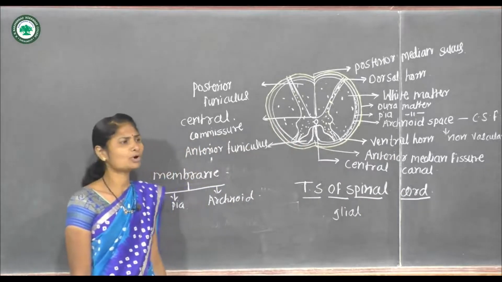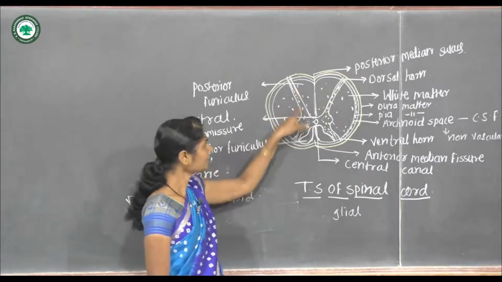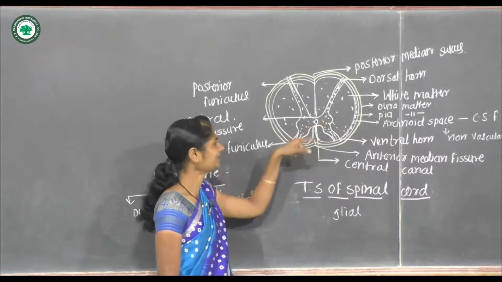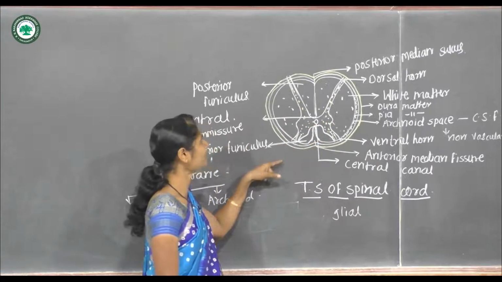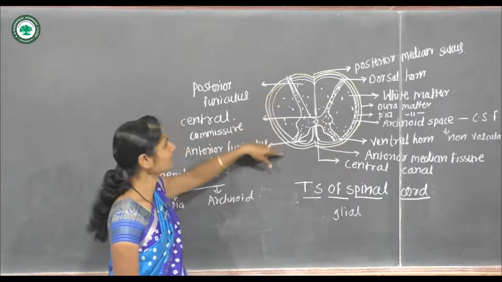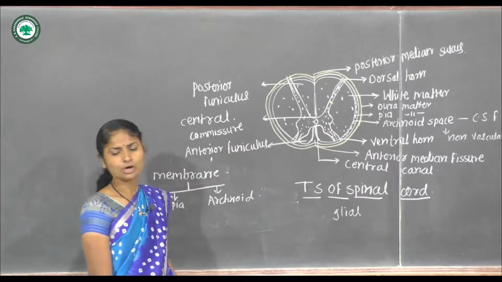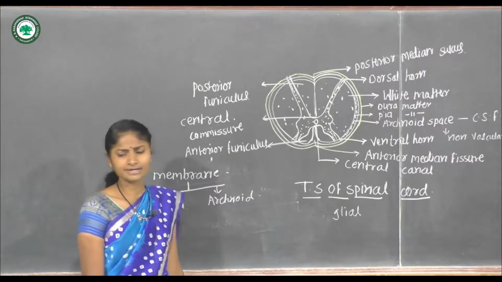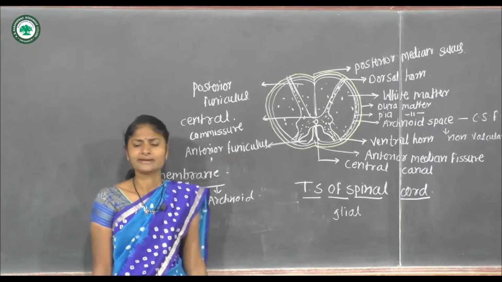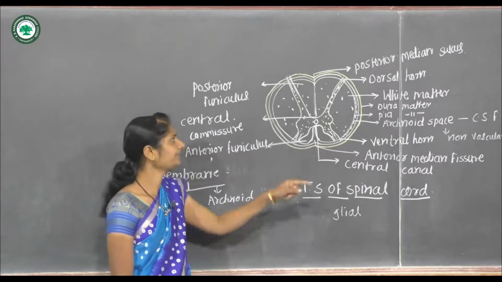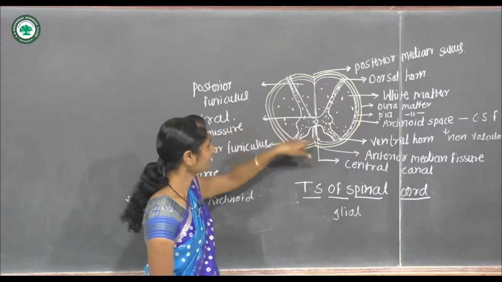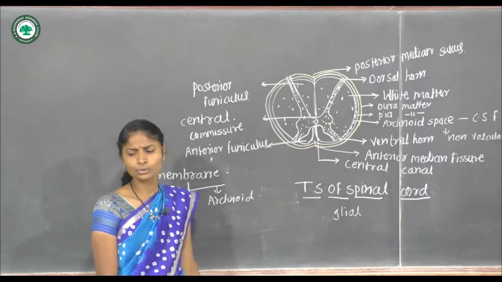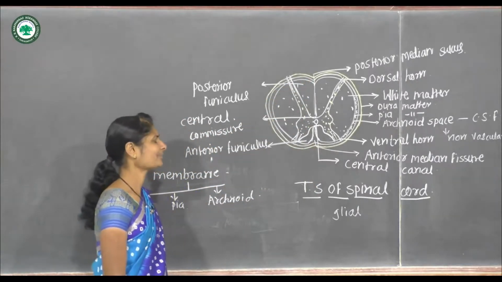Spinal cord shows inner gray matter, and the gray matter is divided into three parts: dorsal horn, ventral horn, and lateral horns. Next, the central canal is surrounded by gray matter, and the dorsal median groove and ventral median groove are present in the spinal cord.